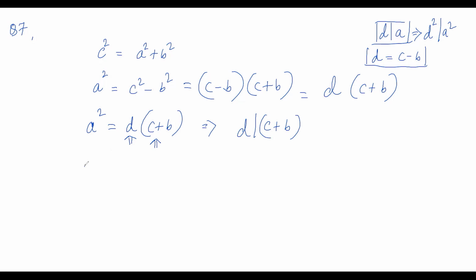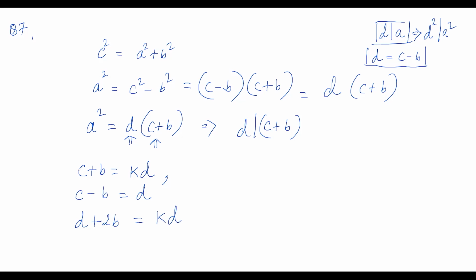And now, c plus b is some integer multiple of d, so c plus b equals kd, where k is some integer. And also we have c minus b is equal to d, right? And so from here what we have is d plus 2b equals kd.